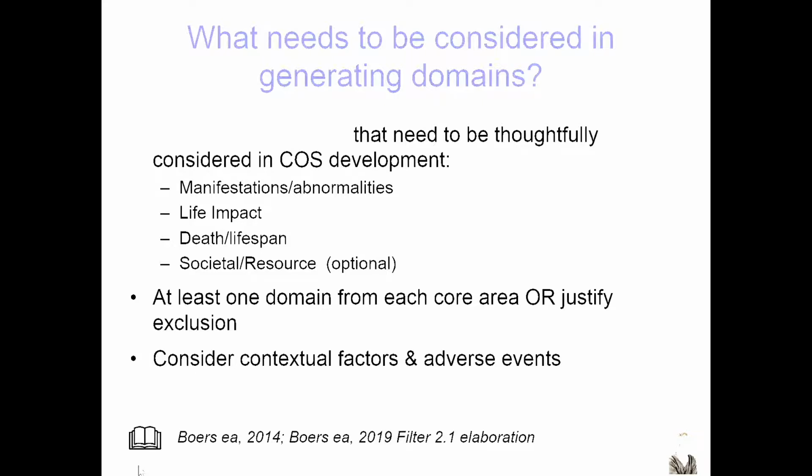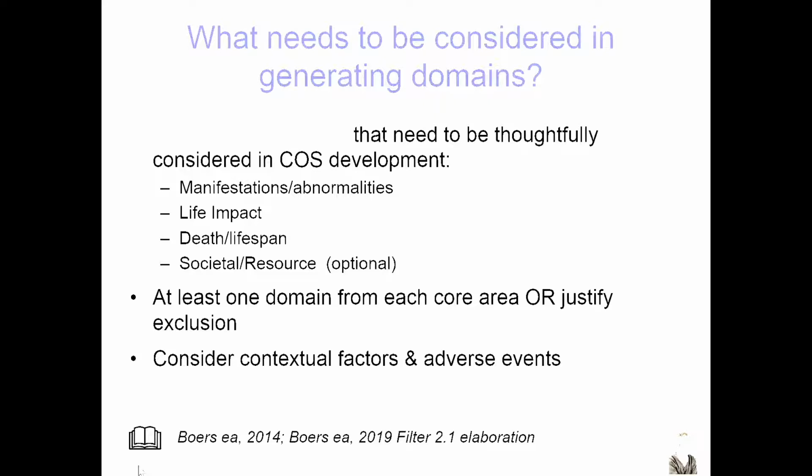In the past, many core sets had mainly this type of domains. But since patients entered the area, it has become obvious that life impact is also important. So in what domains does the disease have an impact on the life of people with that condition? That's becoming more important.